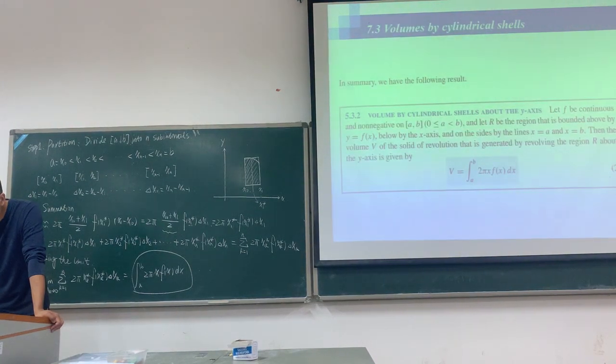Then the volume V of the solid of revolution produced by revolving the region R about the y-axis is given by V equal to the definite integral of 2 pi x f(x) from a to b.